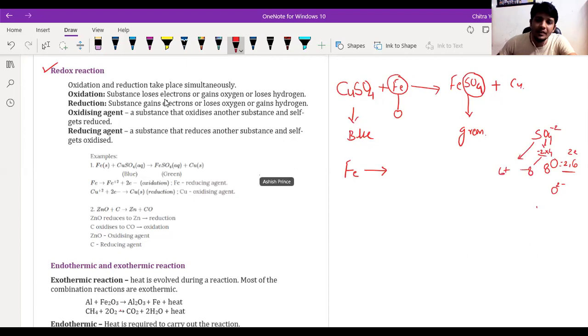Sulfur has a total of 16 electrons in its atomic form, out of which 2 electrons are in the first shell, 8 electrons in the second shell, and the last 6 electrons in the last shell. Sulfur loses these 6 electrons to form a 6 positive ion. So here we have +6 charge on sulfur and -8 charge on 4 oxygen atoms.